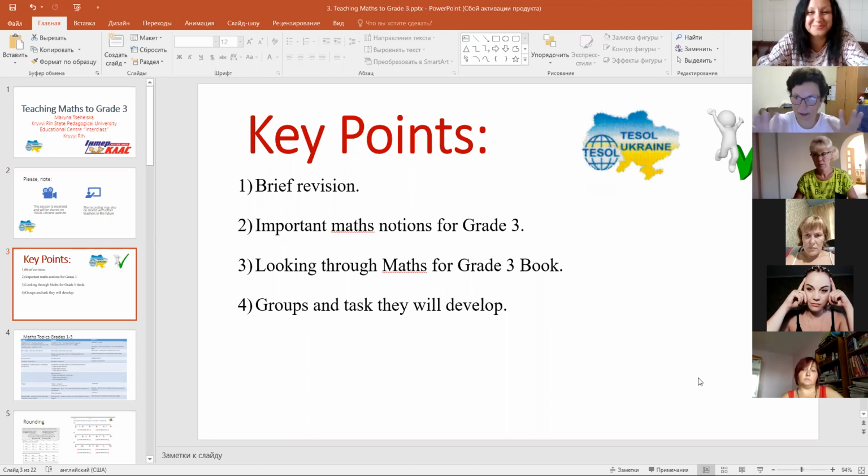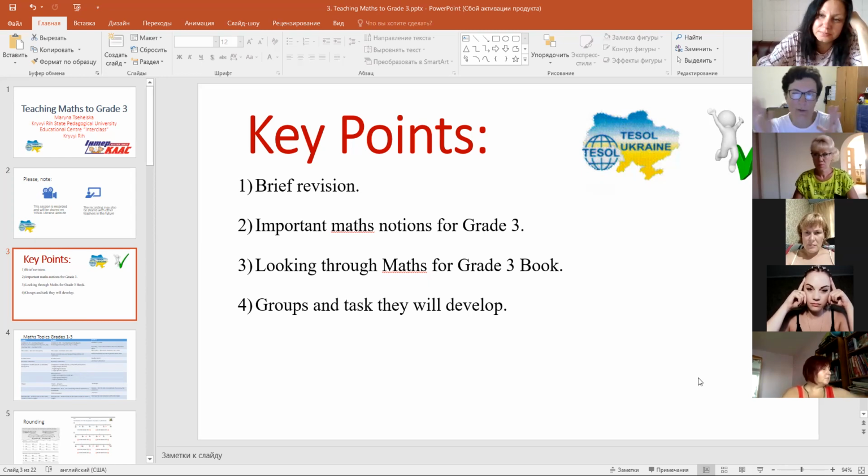There is a book for grade 3, and you will have to look through the book, to compare it to the British book, to decide what is good and what is bad, because there will be some things that are not relevant for grade 3. But you will look through the book and you will decide in groups what is good and what is bad.